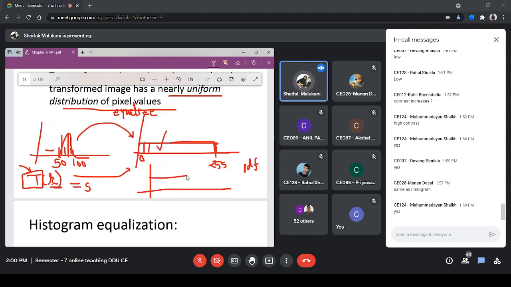That means its PDF is also uniform. Now the only thing that remains is what that T should be.